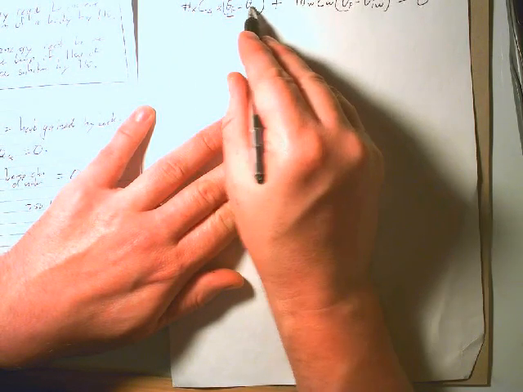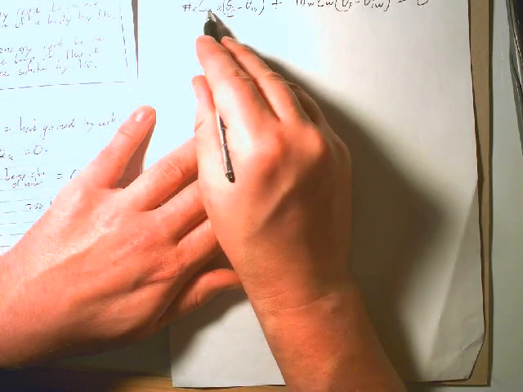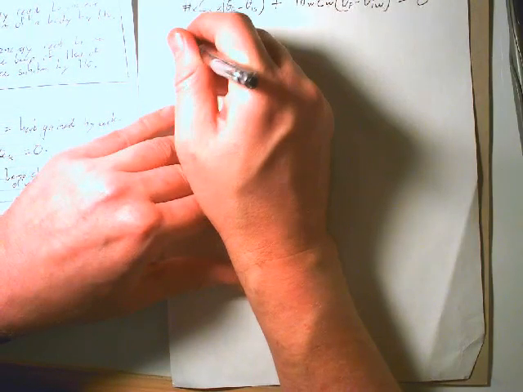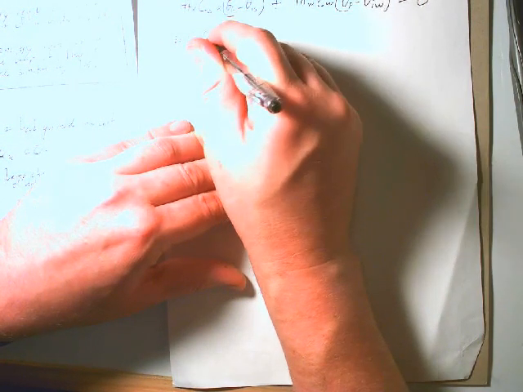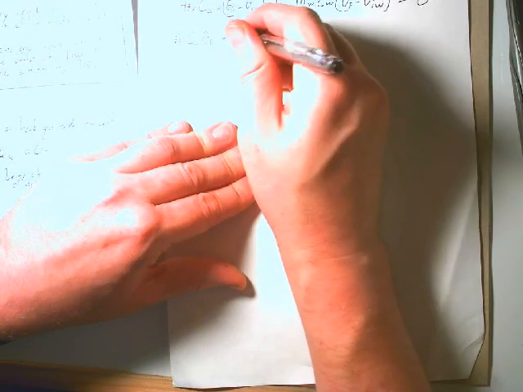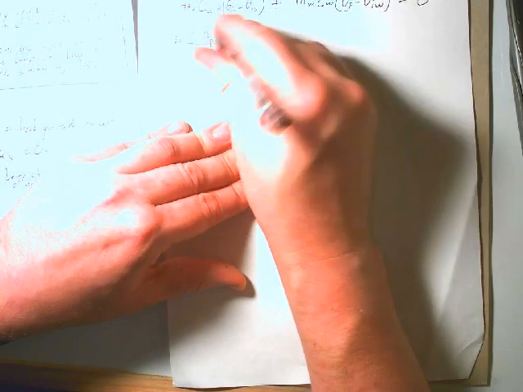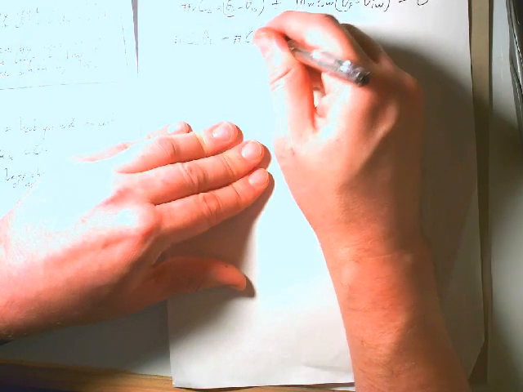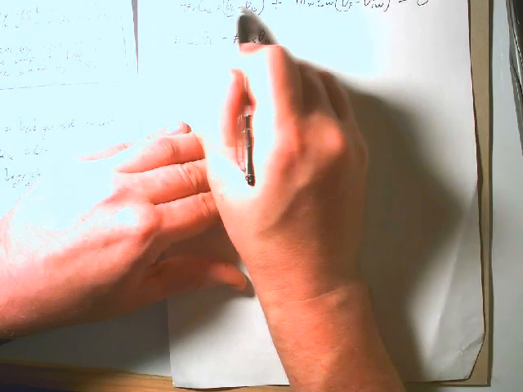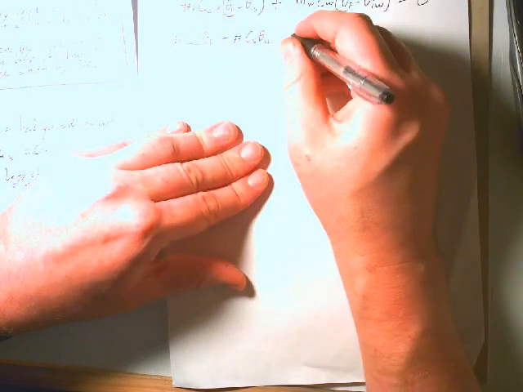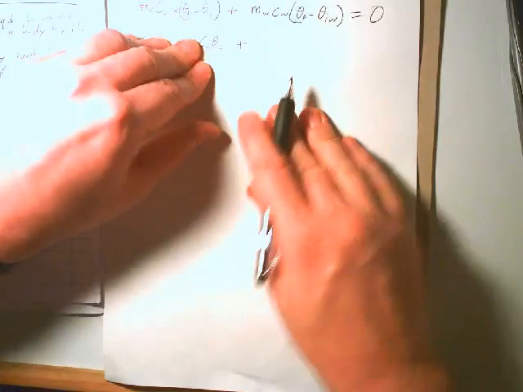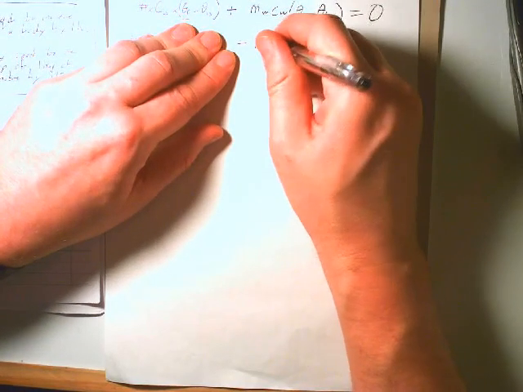Let's just multiply these together first. Let's multiply the number of stones times the heat capacity times theta F, so the number of stones times heat capacity times the final temperature, minus the number of stones times the heat capacity of the stones times the initial temperature. I've just multiplied out, kind of imagine delta theta as a set of brackets and then multiplying it out.